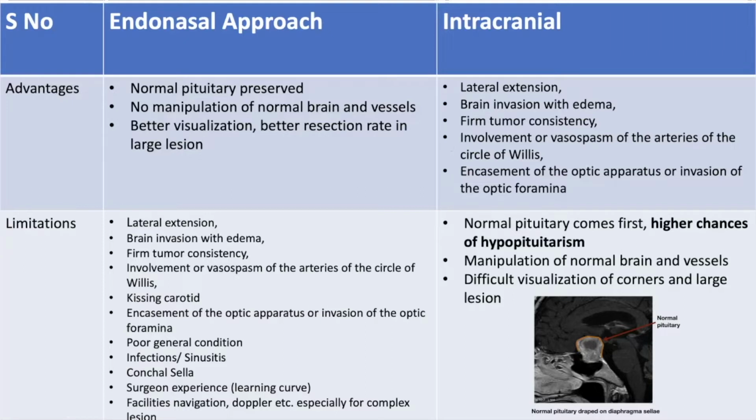You can dissect it better, except when the optic nerve is involved inferiorly. The greatest disadvantage of transcranial surgery is that in most cases, the pituitary gland is draped over the diaphragmatic sella. So when you go transcranially, you first come across the normal pituitary gland, so there are higher chances of producing pituitary dysfunctions.